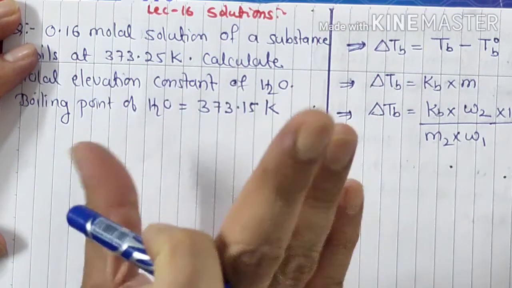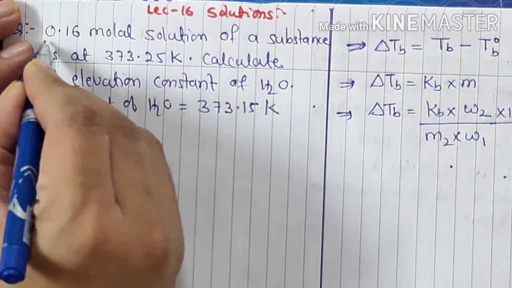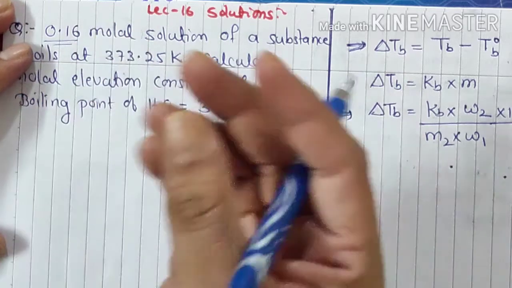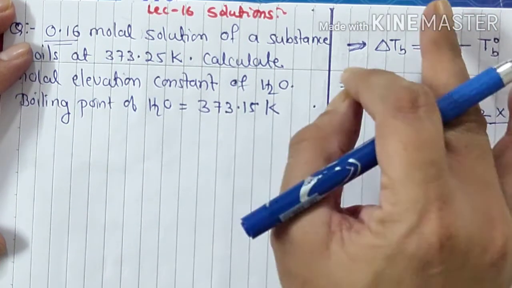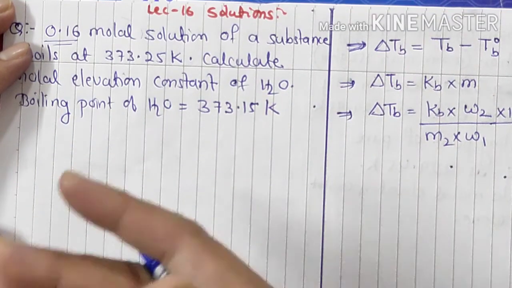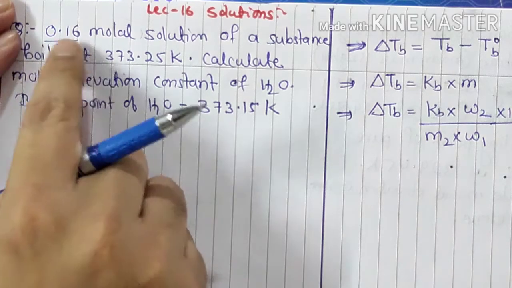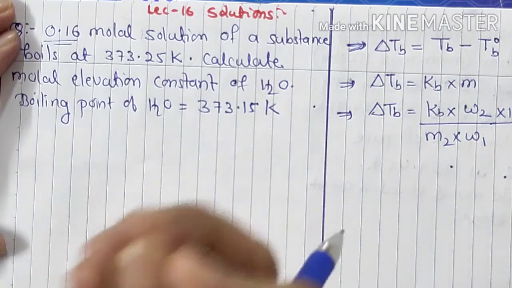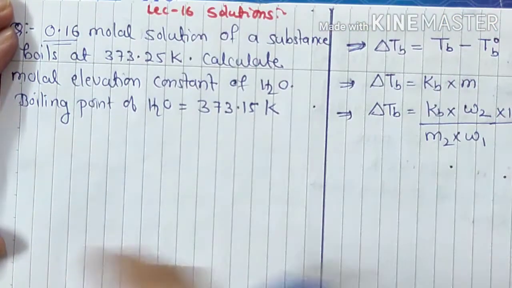Solution कैसे बनाया? थोड़ा बहुत solvent लिया रहेगा और उसके अंदर हमने 0.16 molal solute add किया. We are not expressing the things in weight, we are expressing them in molality.